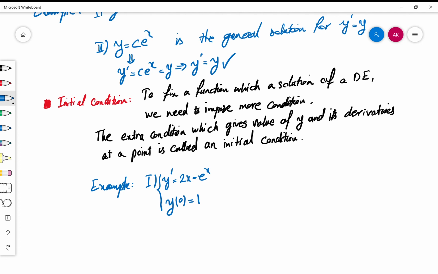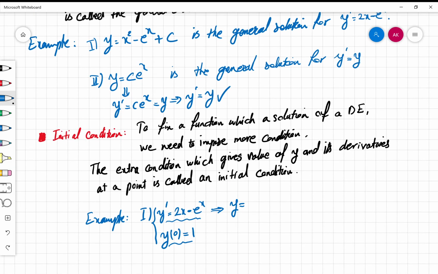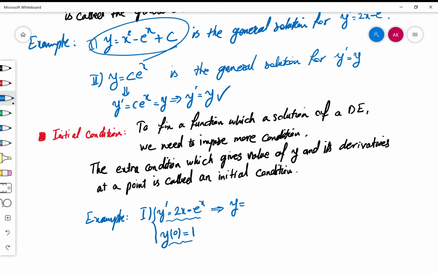So we are not interested in only this equation. We also want this to be satisfied. All the functions which satisfy this, we know, are of this general form, which we found up there: y equals x squared minus e to the power x plus a constant.